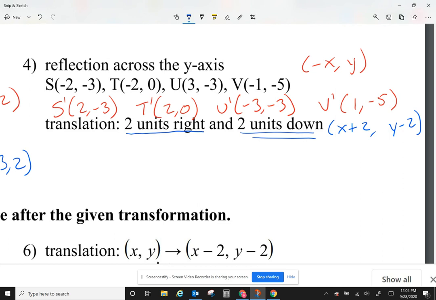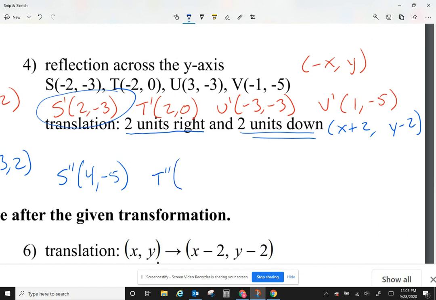All right, so let's take a look at s. If I was looking at S double prime, I'm starting here now. So add 2 to x, that gives me 4. Subtract 2 from y, negative 3 minus 2 gives me negative 5. Good, let's take a look at T double prime.